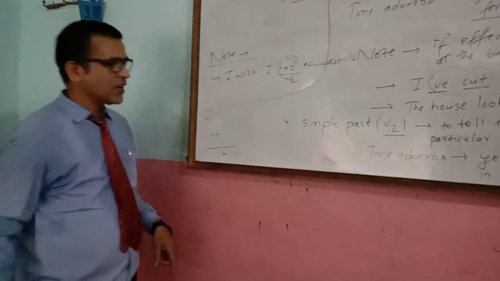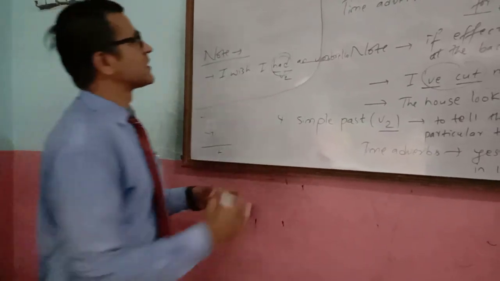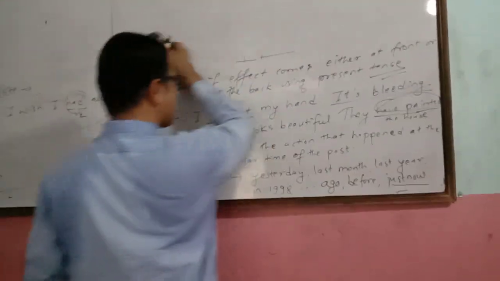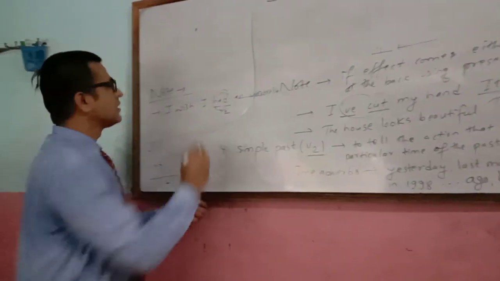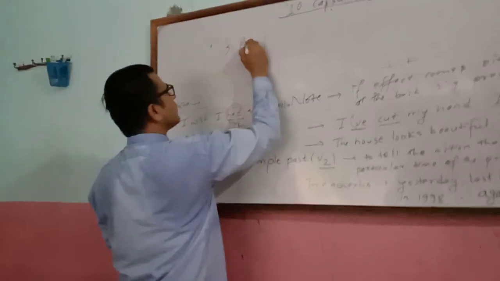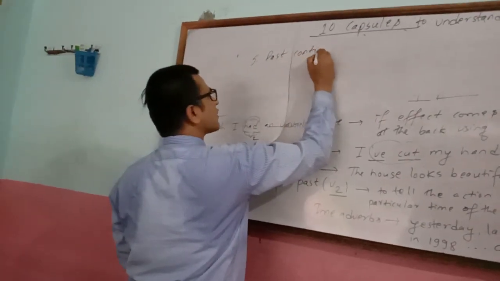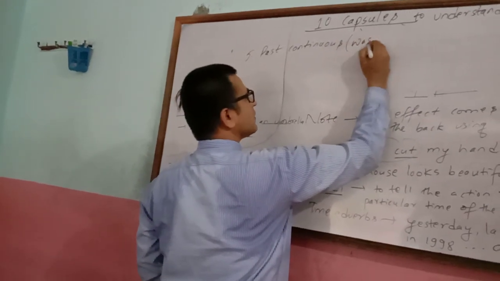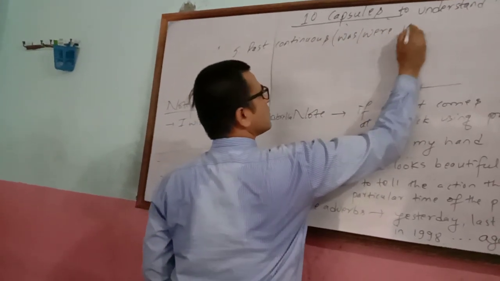Okay. So now let's come to past continuous. Time for past continuous, and this is capsule number 5. Okay, past continuous. You know the structure of past continuous, dear students? What is the structure? Was, were, before.